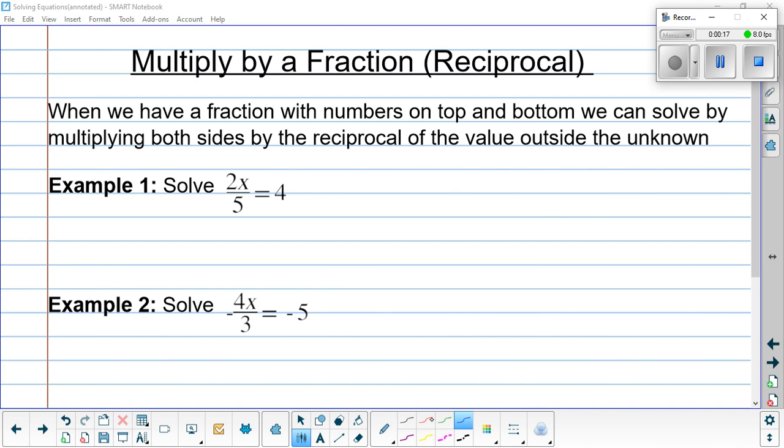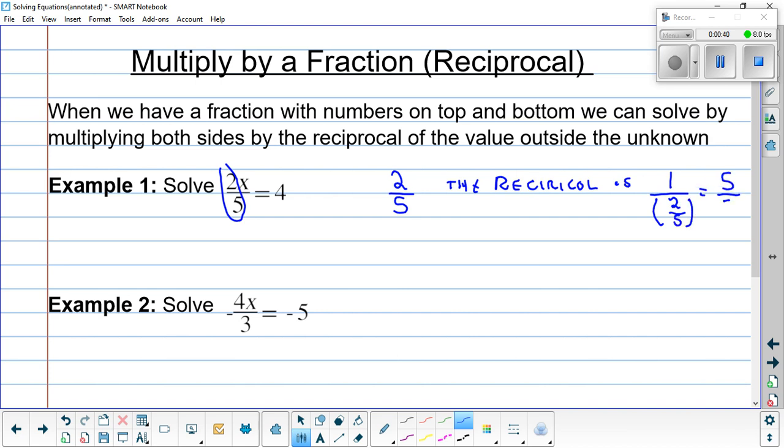So here, if we take a look at our coefficient, which is 2/5, and we want the reciprocal, it is 1 over 2/5, which is equal to 5 over 2.